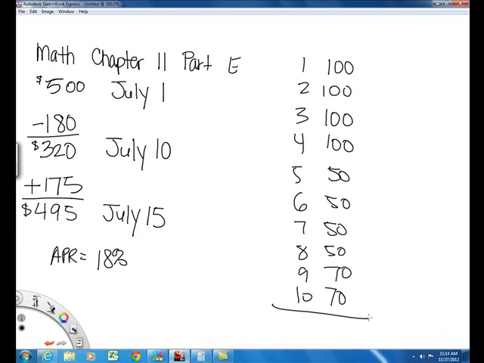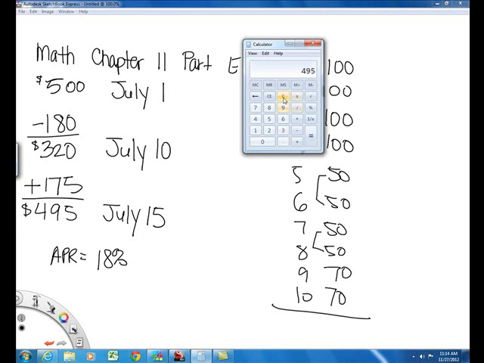So to get an average, you add all of the days. I would add 1, 2, 3, 4, 5, 6. So I would take 600 plus 140.